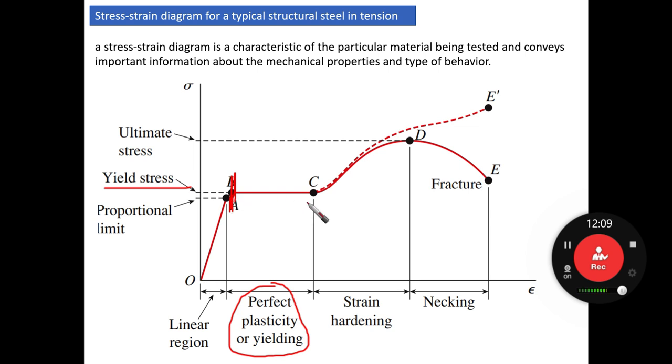But here is the part where perfect plasticity exists, where the material is in a perfect plastic form. Anything that is deformed here, a great deal of it is not going to be recovered again.